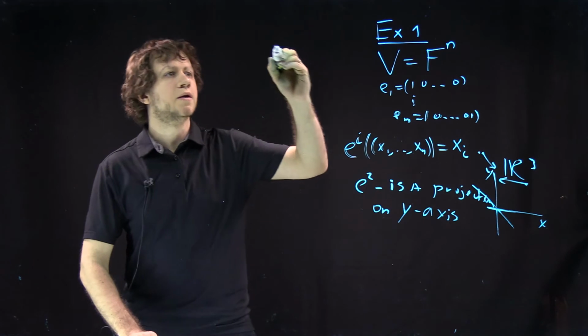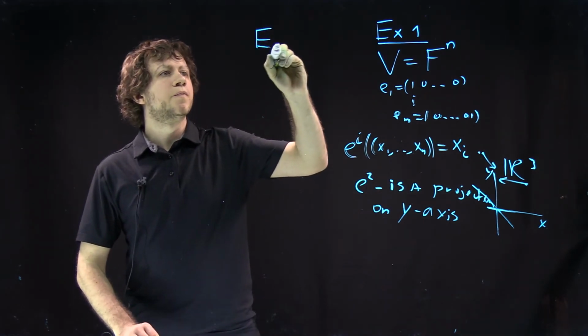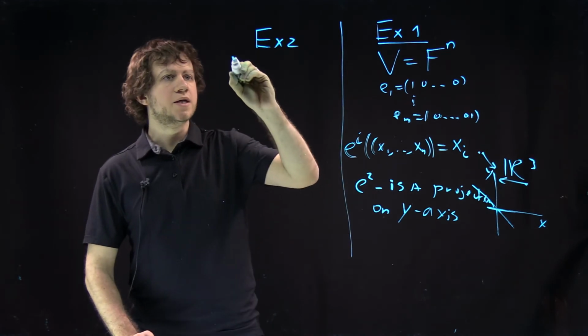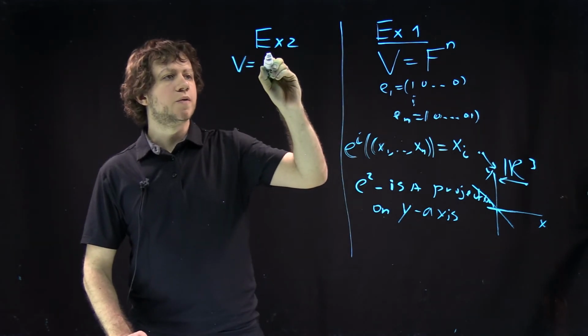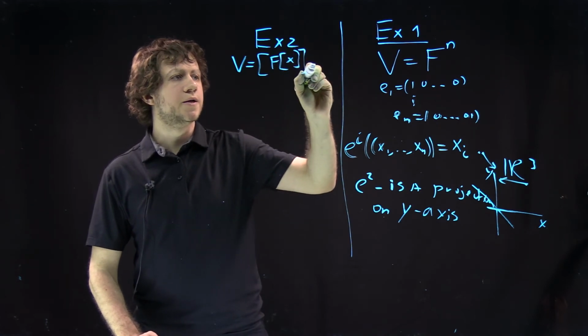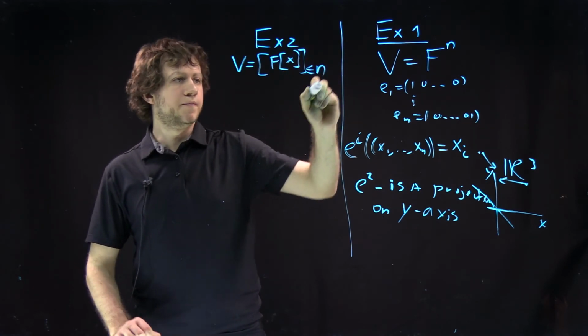Okay, second example. So this was boring. Interesting example. Let's look at a vector space V, which will be polynomials of degree less than or equal to n.